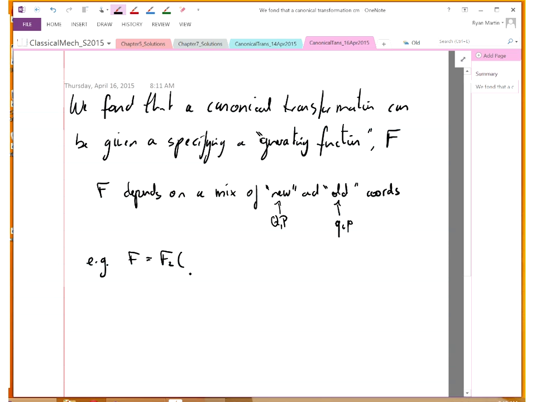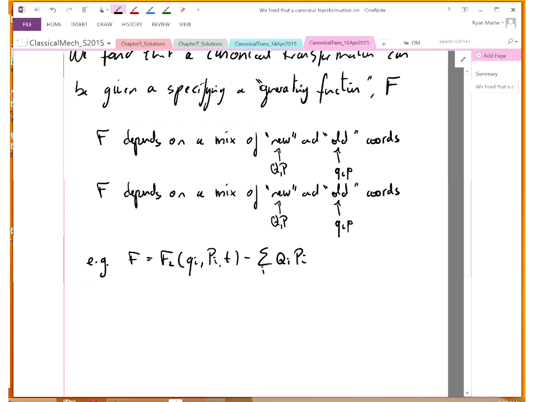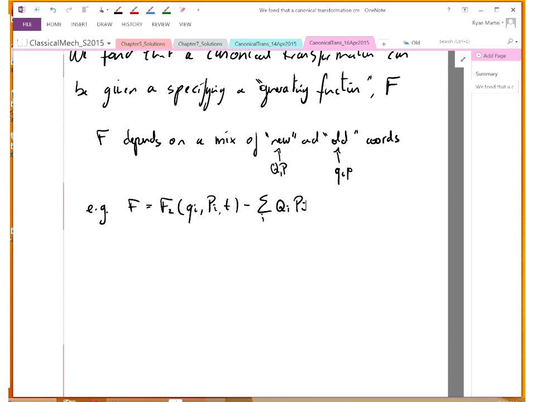But let me write down the case of the second type, where F is given by a function f2 that depends on the lowercase qi's and the capital Pi's and t. And then to make things cancel out nicely, you have to put into the transformation the sum over Qi and Pi capital.